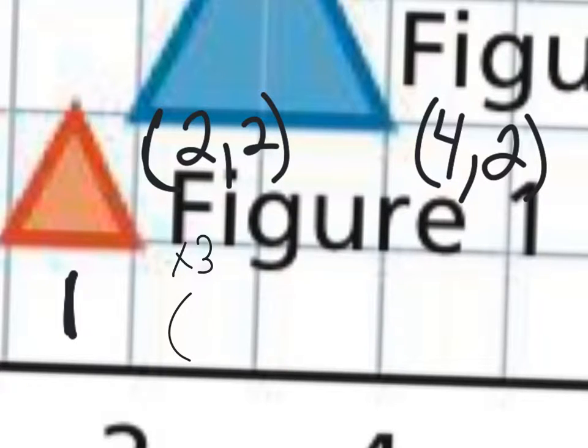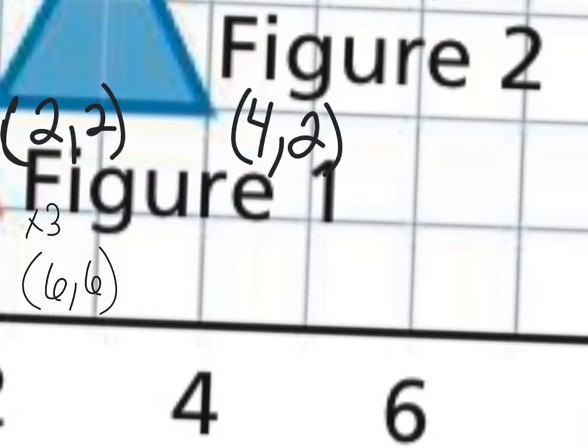So (2, 2), we multiply both of those by 3, would go to (6, 6). The (4, 2), again, multiplying both of those by 3, would go to (12, 6).